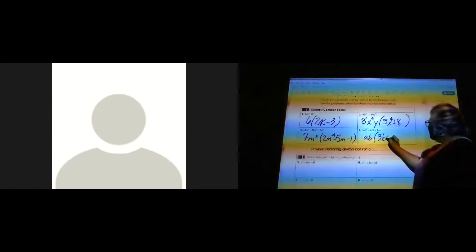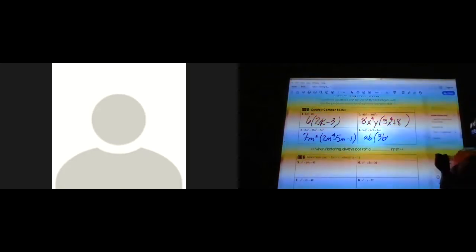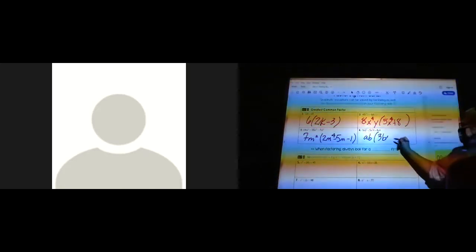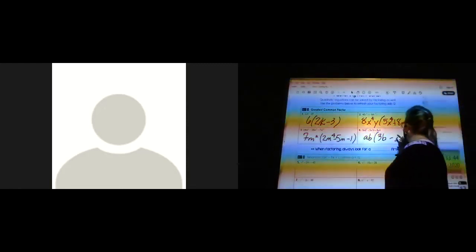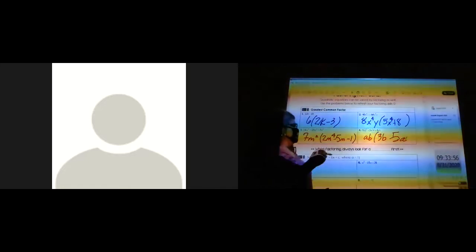Why do we include that b? Because you have a b squared. Exactly. Minus 5. And then what's the next one? Minus 5. Why don't we have a b on that? Because it took the b out. It's a squared instead of a b squared this time. And then the final? It's just a.